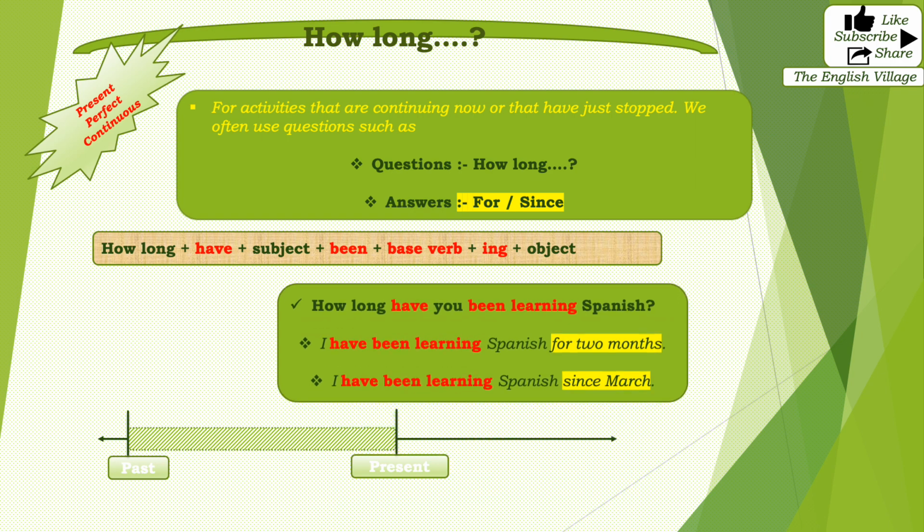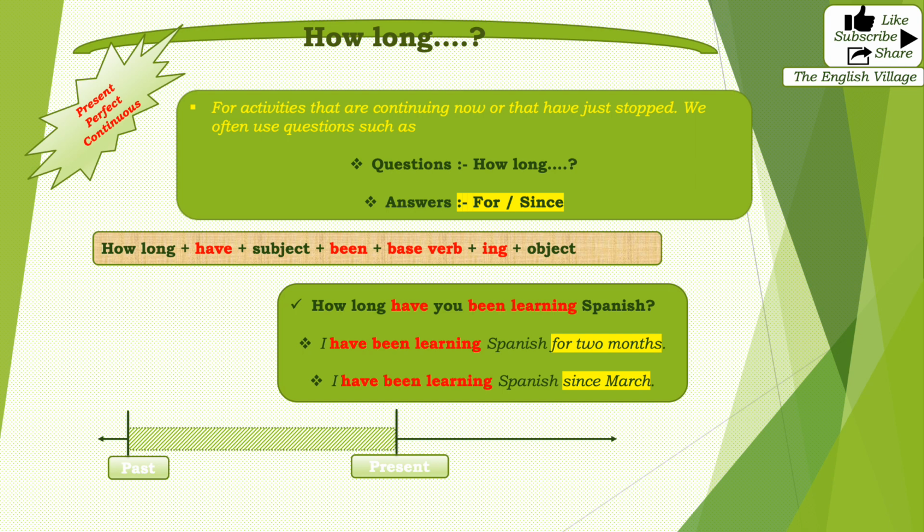Let's have a look at some examples. Now the question is, how long have you been learning Spanish? We can answer in two different ways. I can say, I have been learning Spanish for 2 months. I'm using for here because I didn't tell the point of time, the starting point.